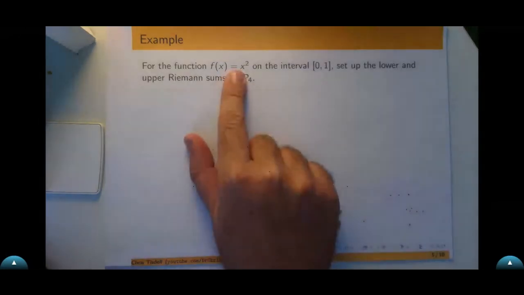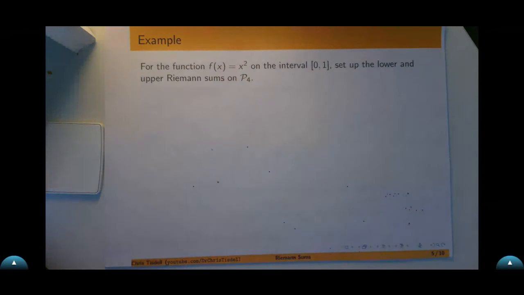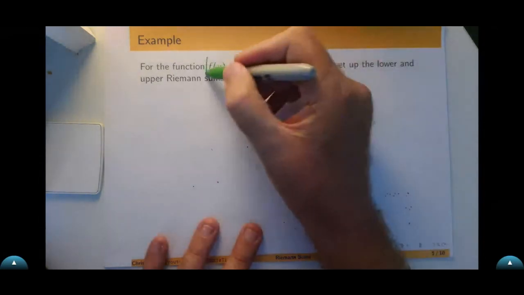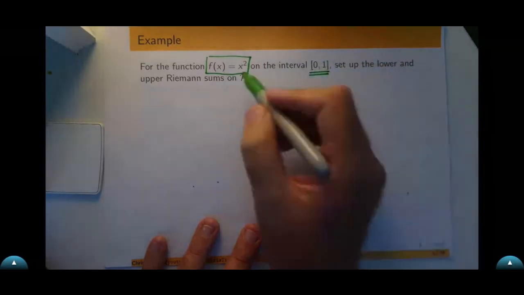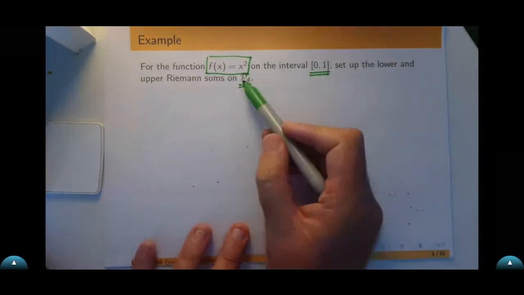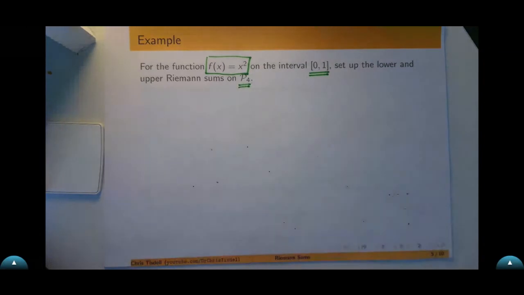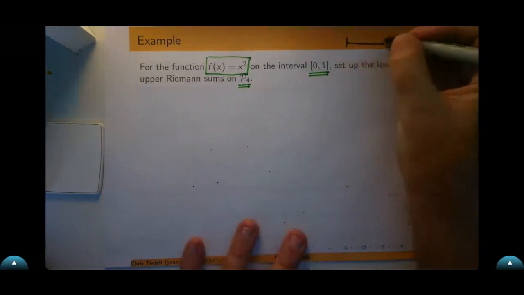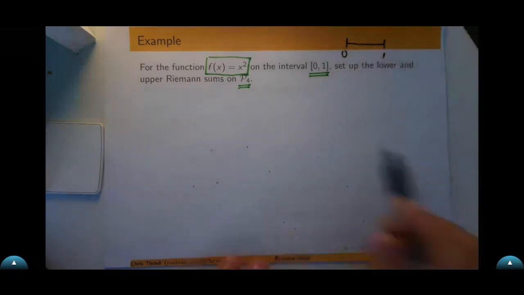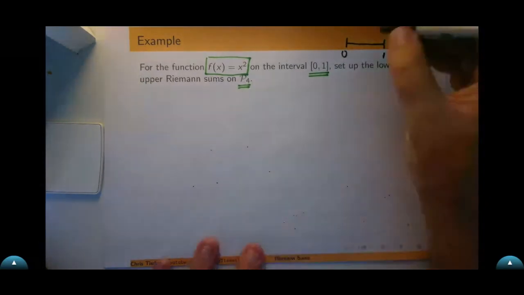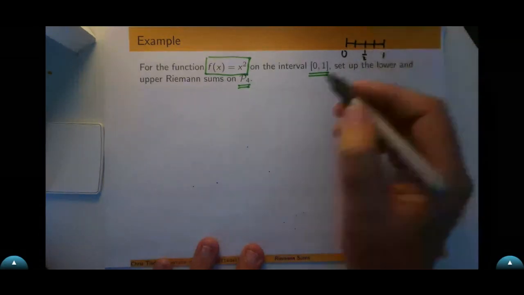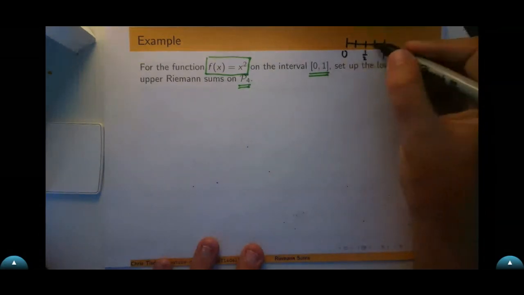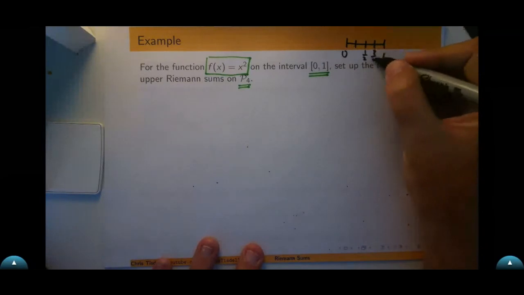All right, so you've got a function x squared. We've got an interval 0 to 1, and we want to set up this partition with 4 subintervals. Okay, so I've got my interval 0, 1, and this subscript says you're going to break it up into 4 subintervals.